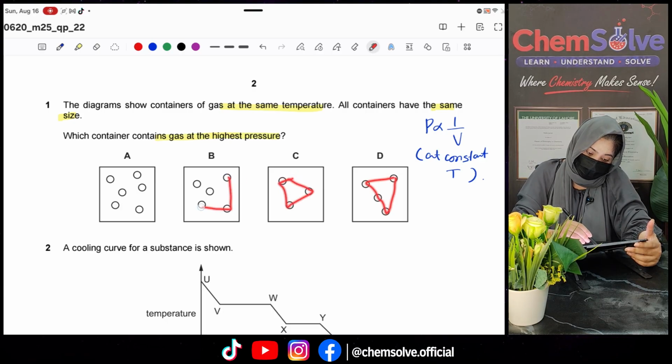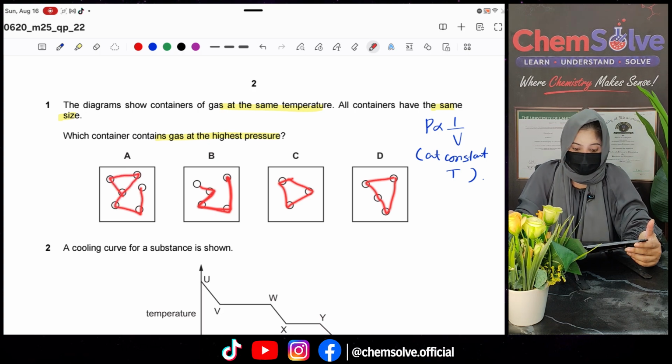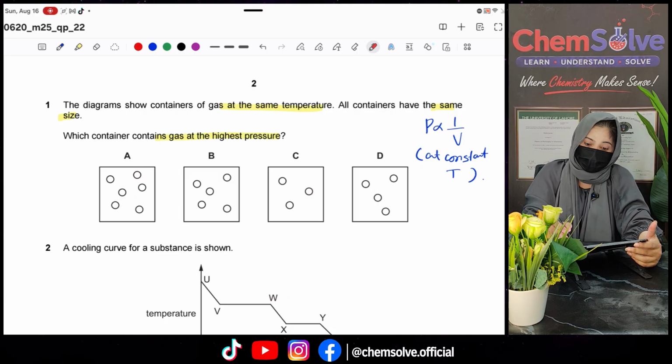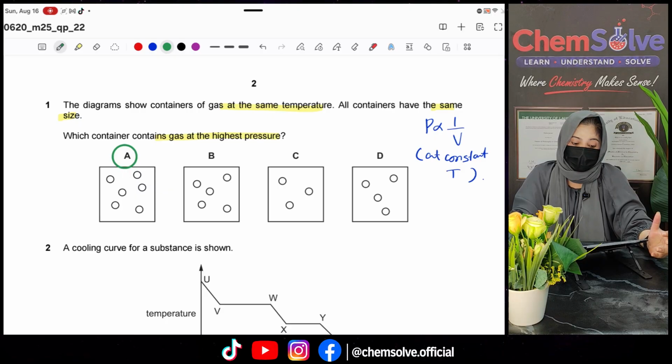And here the space between these two particles especially is much more. While here you can see the space between the particles is much less. So I think A is the best option because in container A, the particles are a bit closer to each other as compared to B, C, and D.